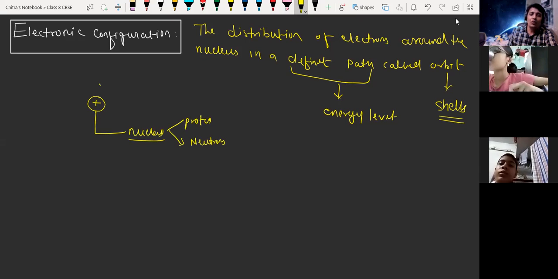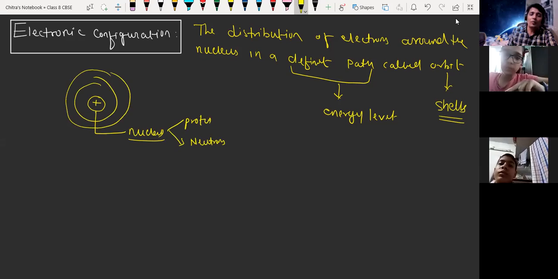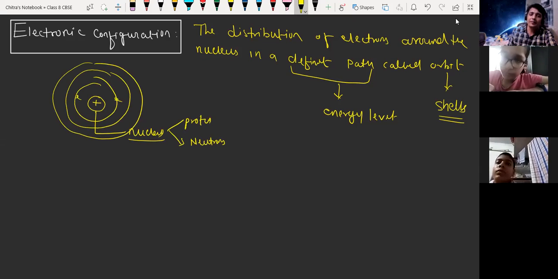And around the nucleus, in different shells or orbits, or energy levels, electrons are being revolved continuously. So now we have to check how many electrons will come in the first shell, second shell, third shell, fourth shell, etc.